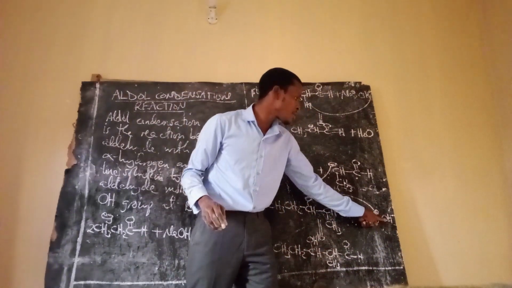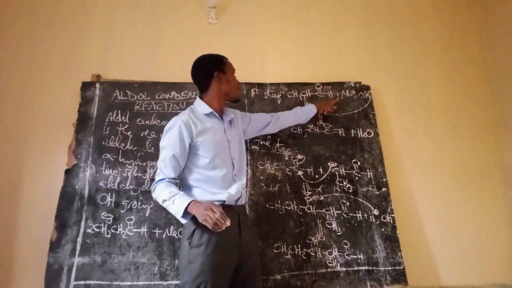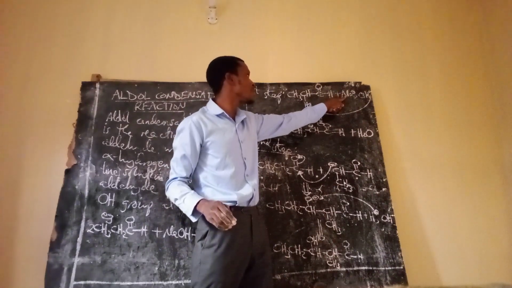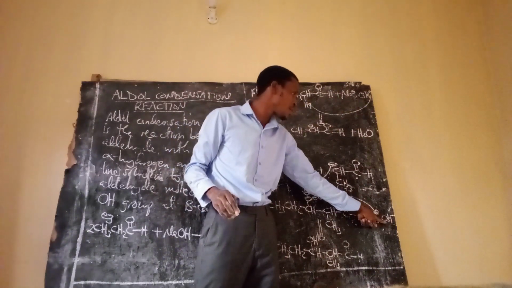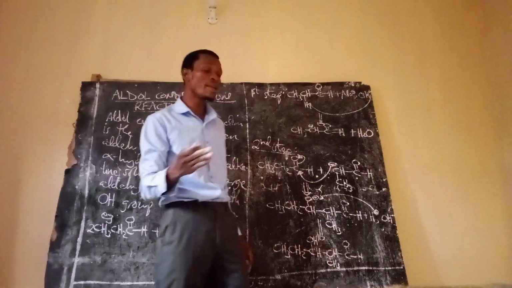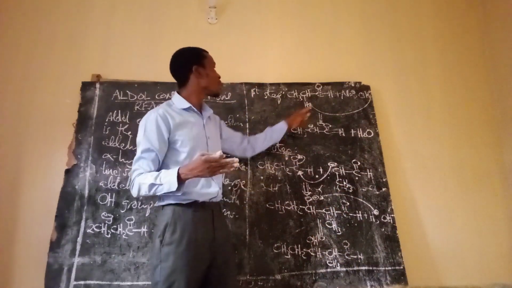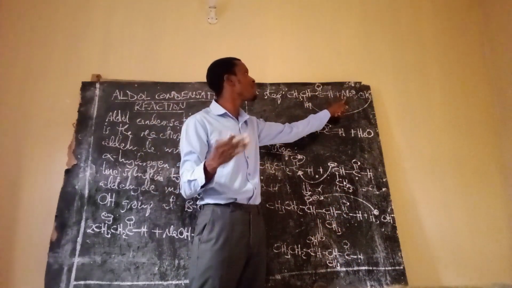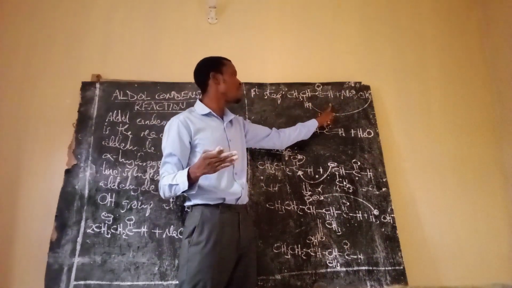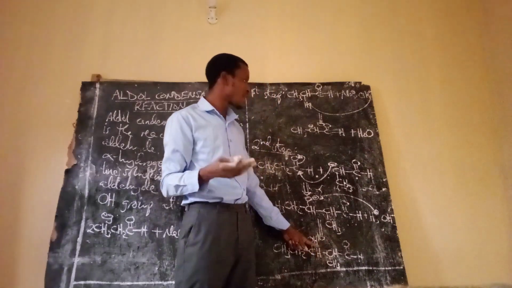Now, these hydroxyl ions formed react with the sodium ions remaining in the reaction mixture to form back the sodium hydroxide. So sodium hydroxide has taken part in the chemical reaction in the first step, but it is reformed at the end of the reaction.